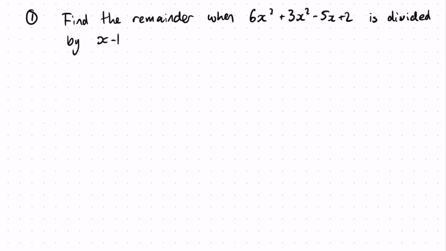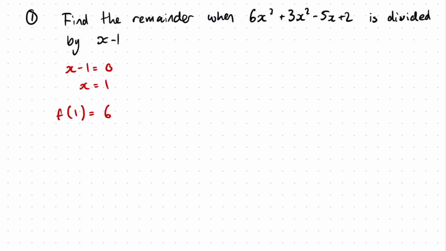Have a go at this question here yourself, so just pause the video and I'll give the answer to it in a second. Okay, so this question is like the first example we looked at, where you just need to say that x minus 1 is equal to 0, so x is equal to 1, and find what f of 1 is equal to.